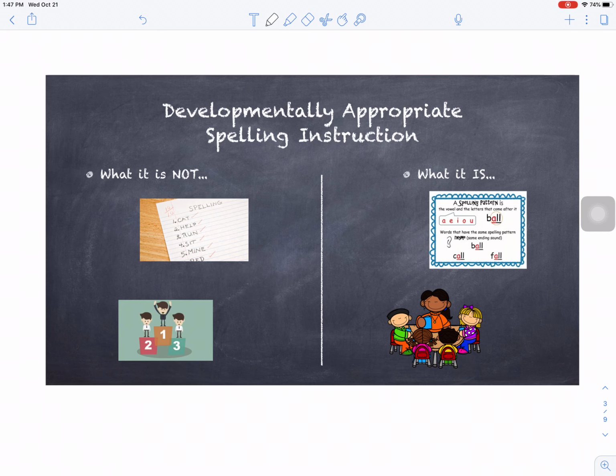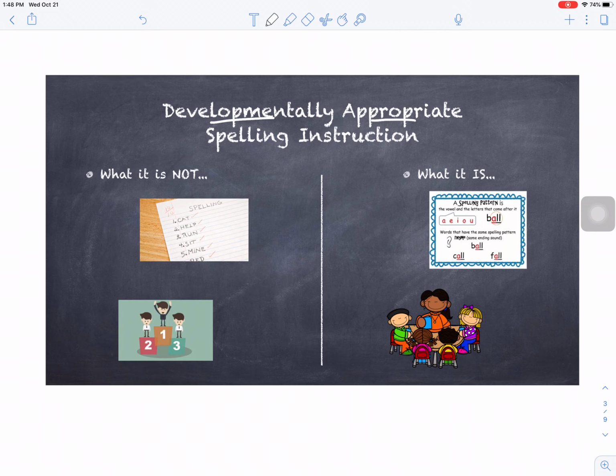We're going to begin by talking about what developmentally appropriate spelling instruction is and what it is not. When we think about the terms developmentally appropriate, it means that we are thinking about what is the best practice for our young learners from elementary school through middle school.